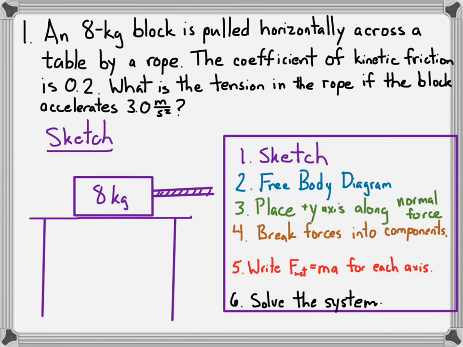Now that I have that new information in there, I continue reading the next sentence. It says the coefficient of kinetic friction is 0.2. Well, that tells me that there's friction acting on the block, between the block and the table.